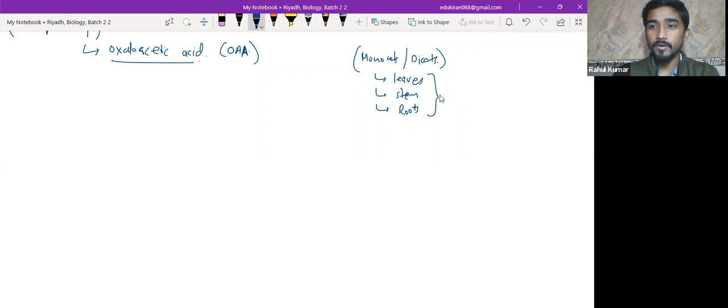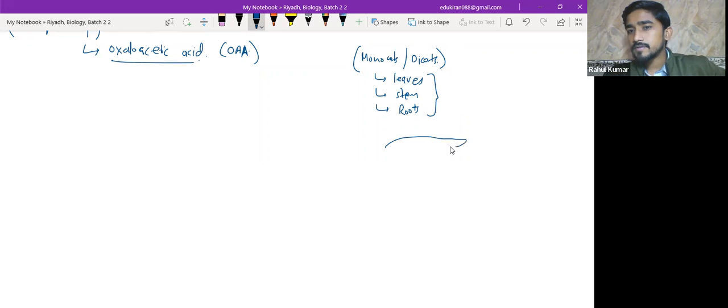So clearly it's a monocot. But if you see its stem and roots and leaves, there are long leaves with parallel venation. You know what is parallel venation? What is reticulate venation? All of this is basic stuff, class 9, 10th. A leaf which is long and has veins like this is called parallel venation. You will see such veins in grasses, bamboo, maize, rice, wheat.